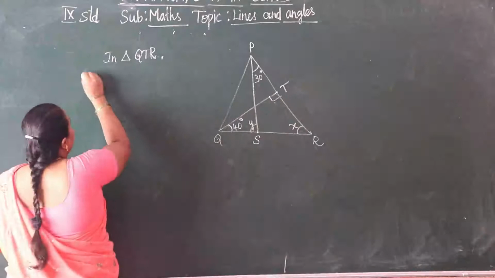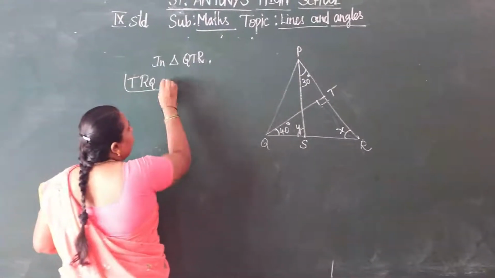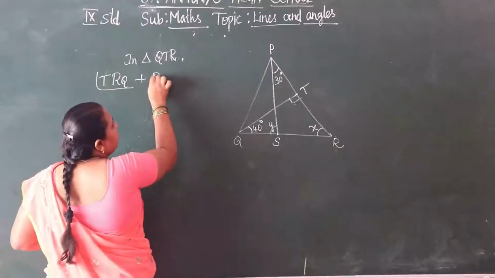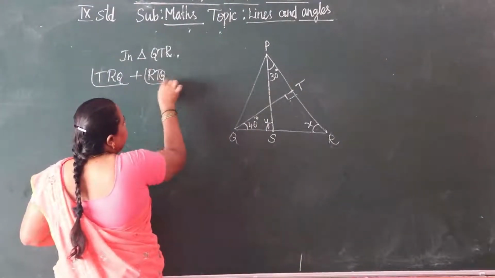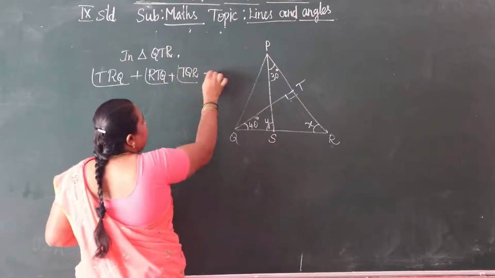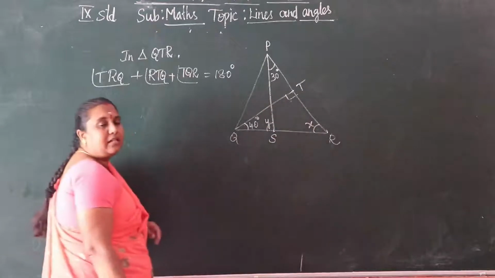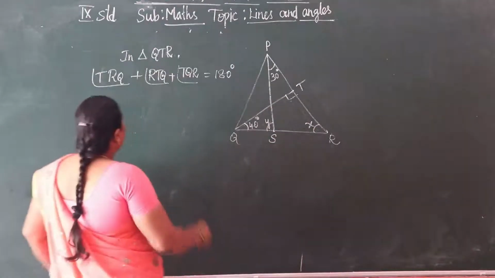First we should write angle TRQ plus angle RTQ plus angle TQR equals 180 degrees. Why? Because the sum of three angles of a triangle is 180 degrees.